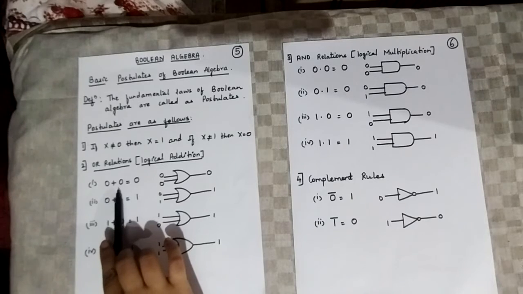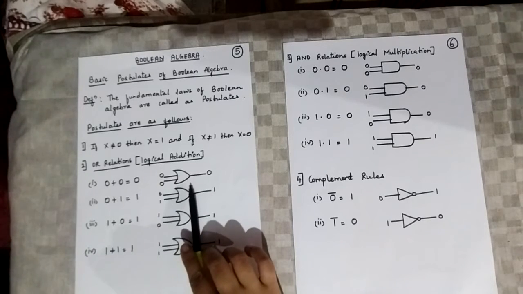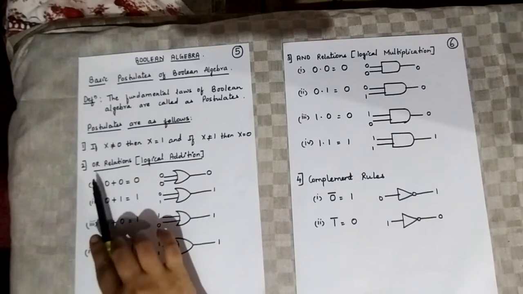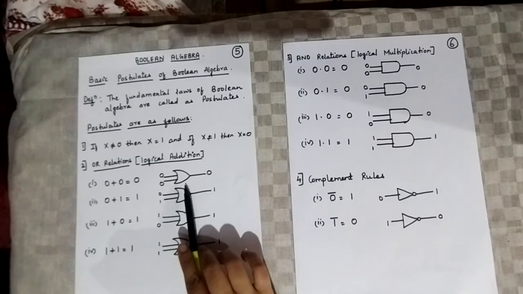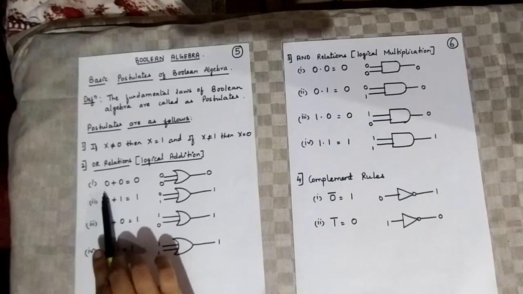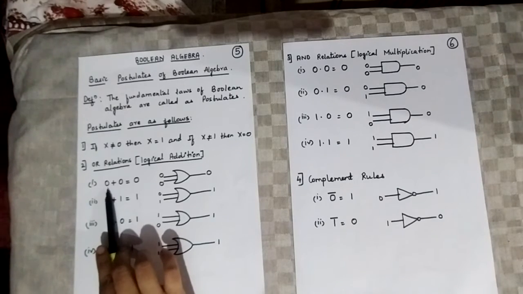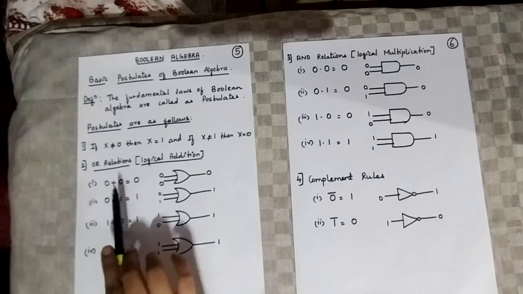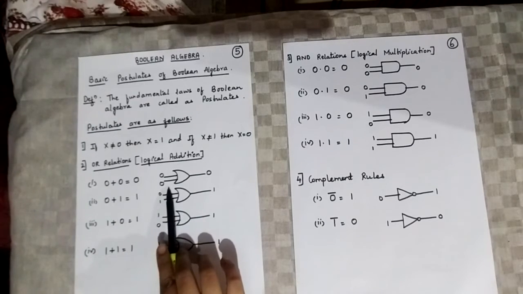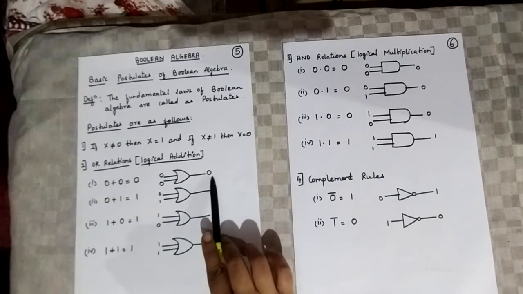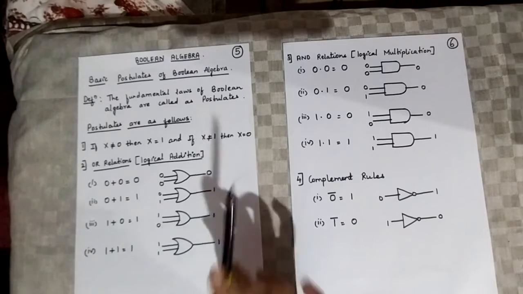Corresponding to that, since it is an OR operation, we are going for the OR logical symbol. So, according to this postulate, if we are providing two inputs of value 0, shown on the left hand side, we are going to read the result as 0.